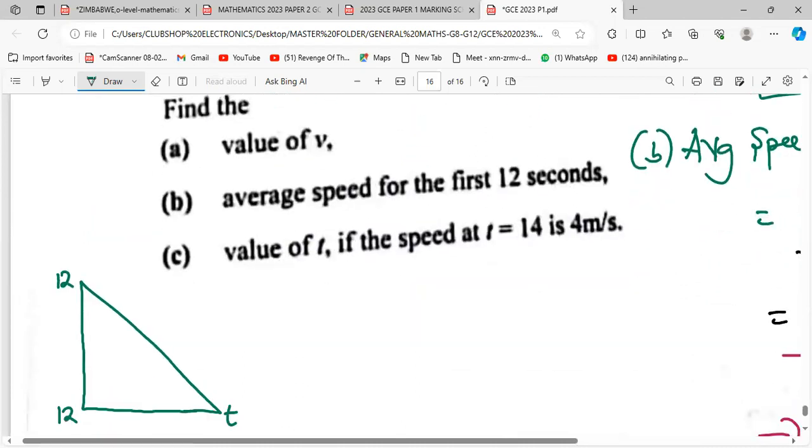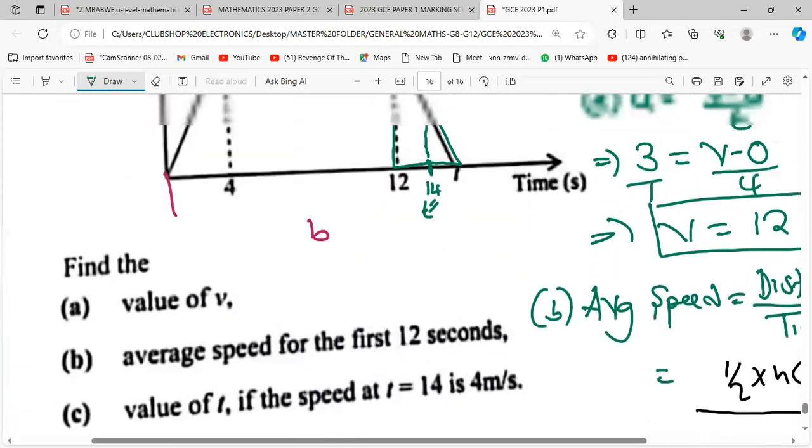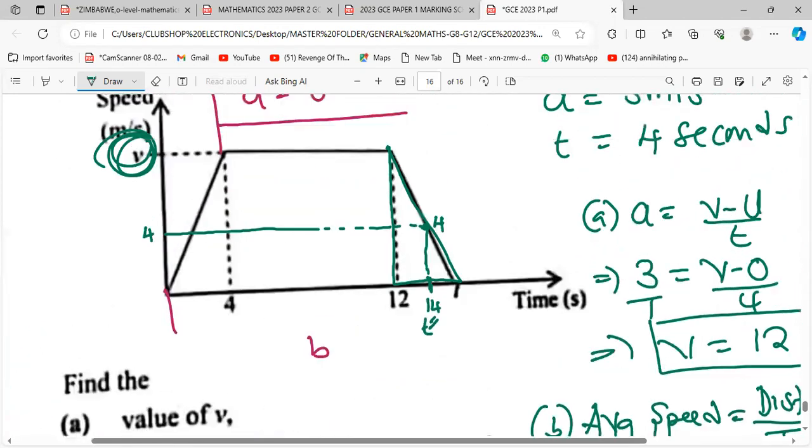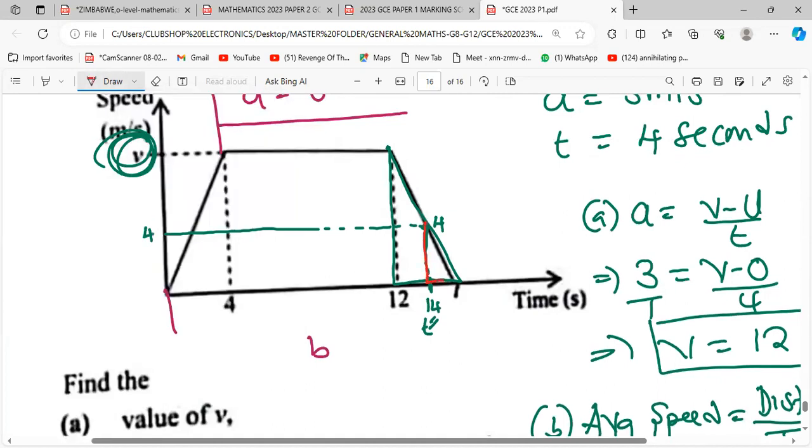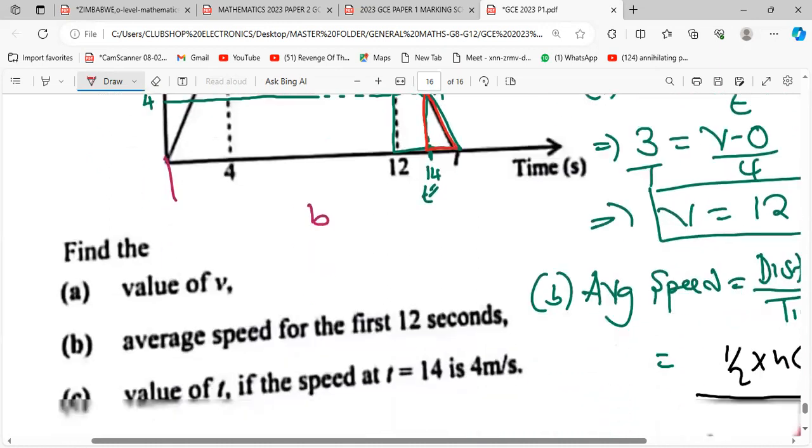Then there's another triangle, now from 14 to t, this triangle. Okay? 14 to t.